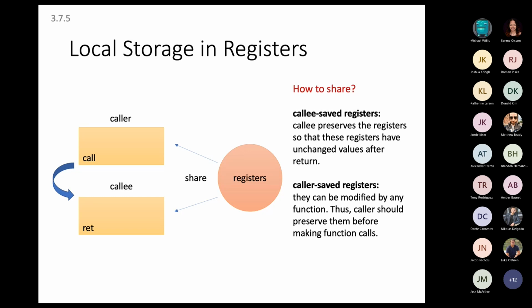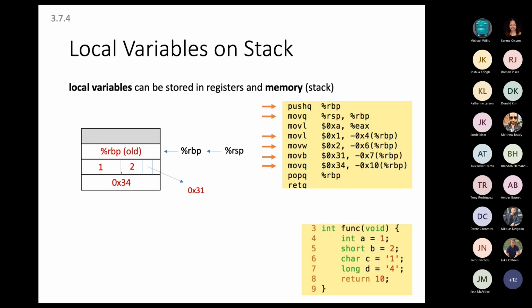Based on how to share, we have two ways to use them. One is called the callee saved registers. For the callee saved registers, one example is RBP. Let's look back at the previous example.